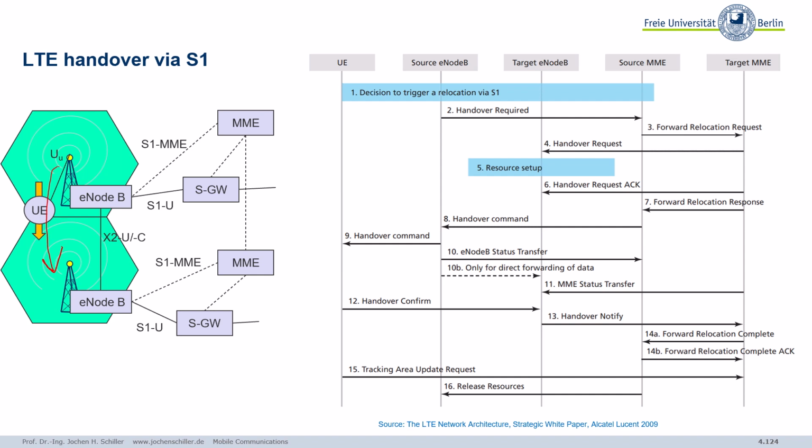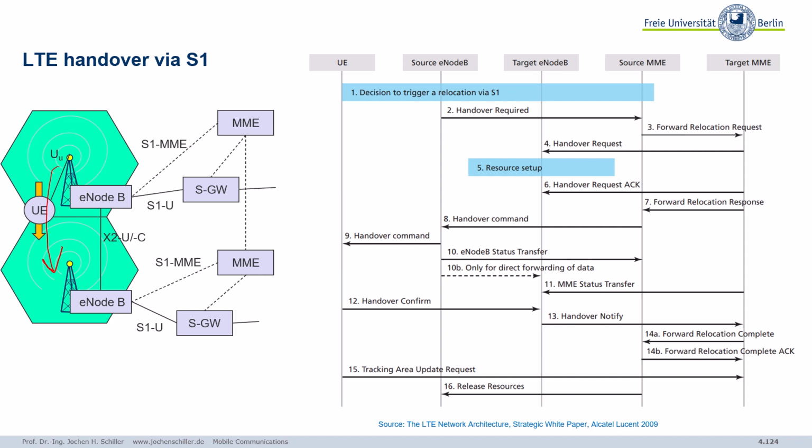Sooner or later, the network will decide we have to relocate the device because the signal from one node gets weaker and weaker and weaker, similar to what we know from GSM. So we have thresholds to avoid ping pong and all these things. So step one is we have to decide now we will relocate. And the decision is made by the network.